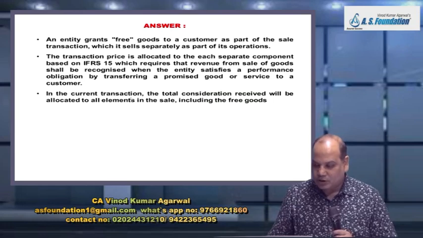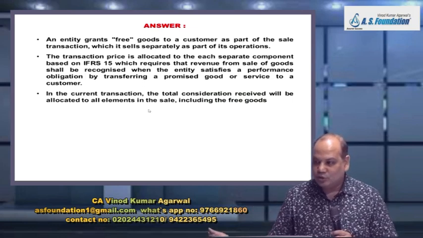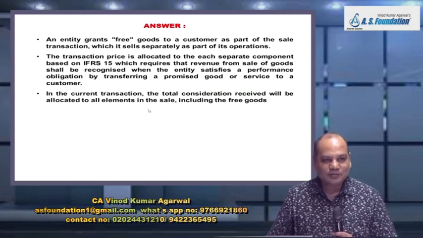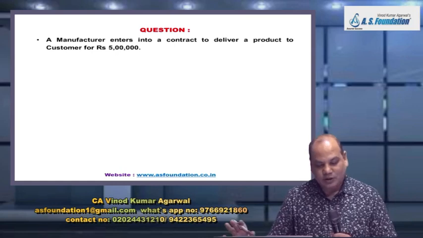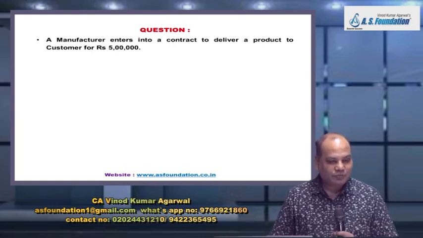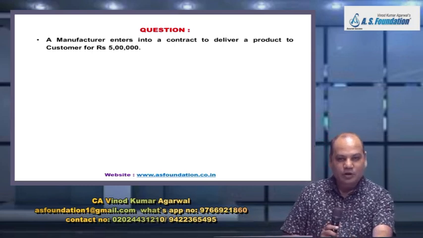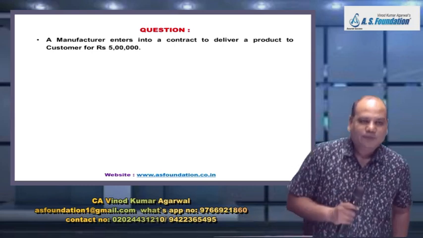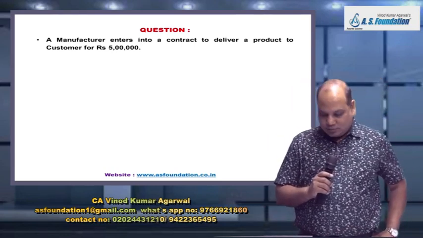So in the current transaction, total consideration will be allocated to all the elements of the sale, including the free goods. This standard will change the way accounting was done in India, or in all other countries also, because many times we were not recognizing the free goods as revenue. Now you have to recognize it.